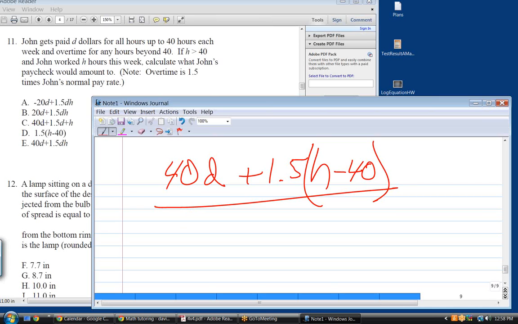If H is greater than 40 and John worked H hours this week, calculate what his paycheck is. Well, let's try to simplify this. 40D plus 1.5H minus 60.